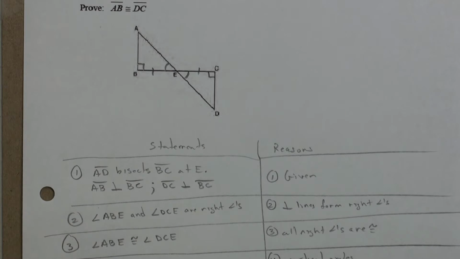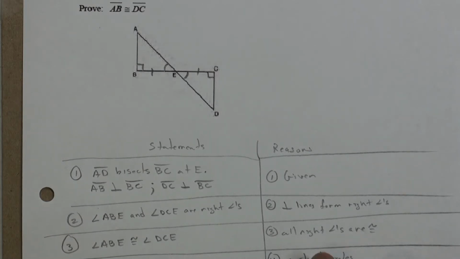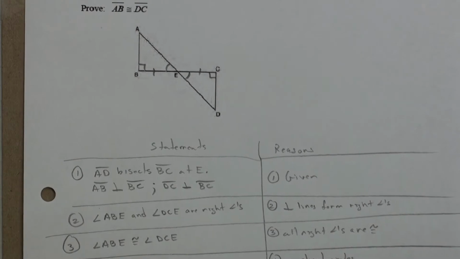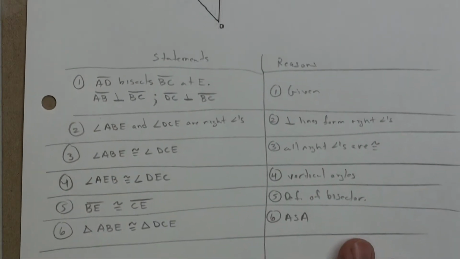Okay. Then for number 6, I can say that two triangles are congruent. So triangle ABE is congruent to triangle DCE, and that's because of ASA. Right?